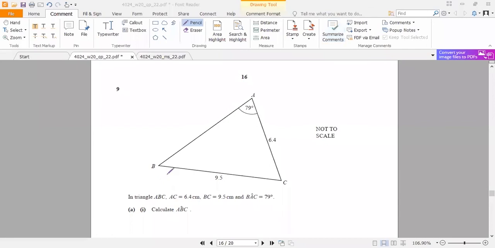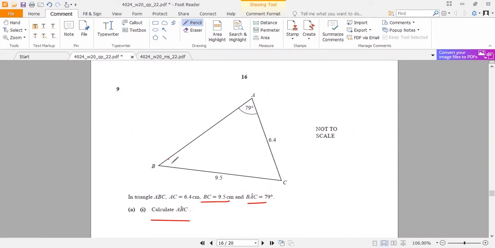In question number 9, we have a triangle ABC. AC is 6.4 and BC is 9.5. And BAC is 79, as you can see in the diagram. We need to calculate the angle ABC.